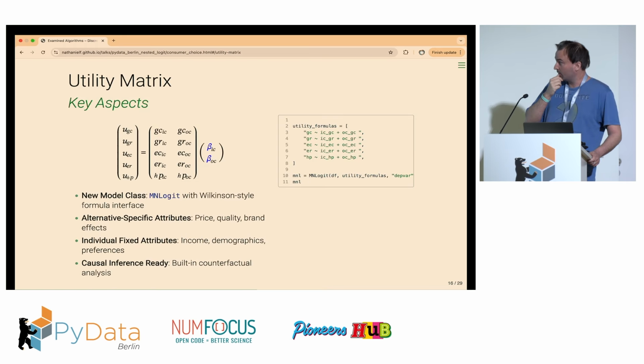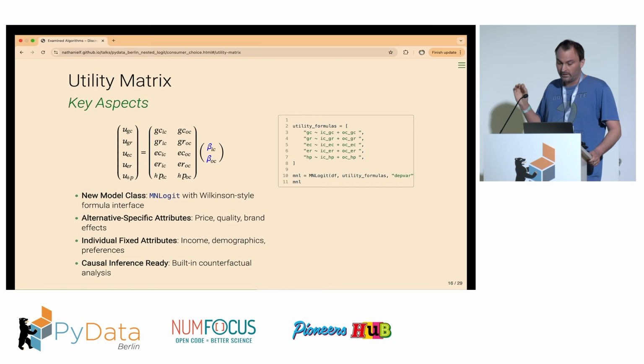So the feature that we've added to PyMC Marketing allows you to fit these two classes of models I'm going to discuss. The multinomial logit model with a Wilkinson-style formula interface, but also the nested logit model with the same type of API. This allows you to fit alternative specific attributes and figure out how important those are. So price, quality, brand effects, but also individual consumer fixed attributes.